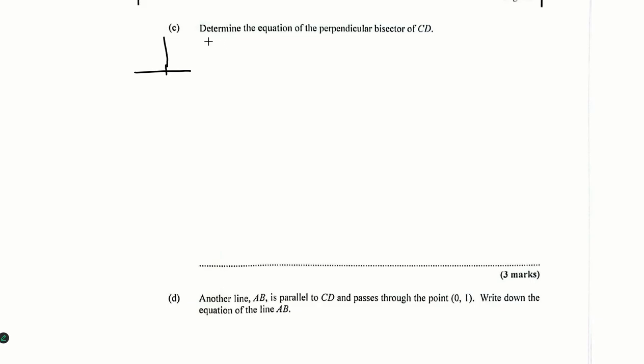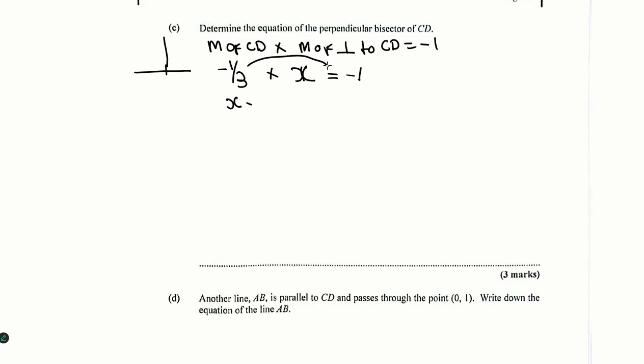So therefore, the gradient of CD multiplied by the gradient of the perpendicular line to CD would give you negative 1. So negative a third multiplied by this gradient that we're trying to find, I'll put x just to make it easier, is equal to negative 1.